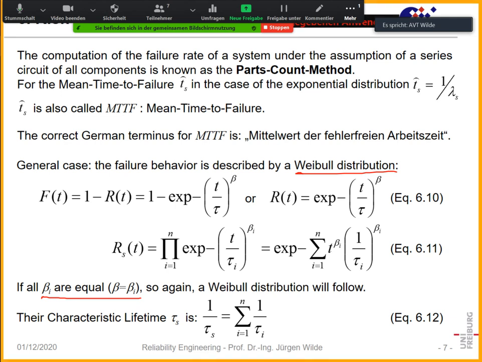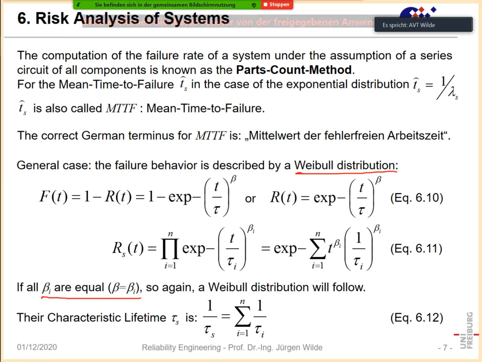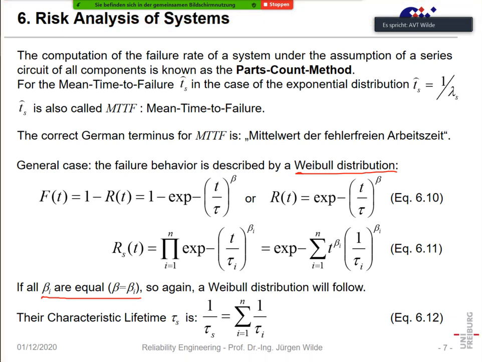And in that way, it is a possibility that you can compute the characteristic lifetime of a system. So that means, for instance, you have a characteristic lifetime of 1000 for each of both parts.